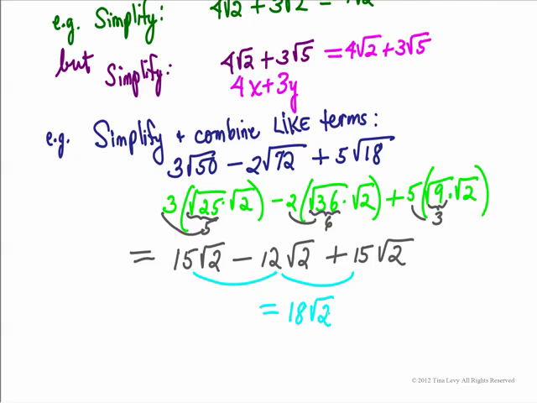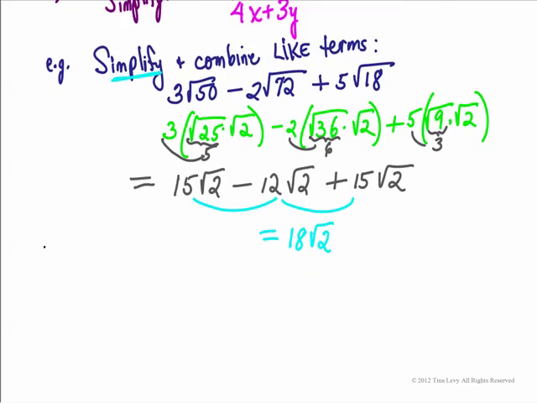So for this one, we're always going to be simplifying first and then looking to see if we have the identical radical. And then we combine like radicals. We'll do a last one that involves variables. So suppose I said to simplify and combine like terms.